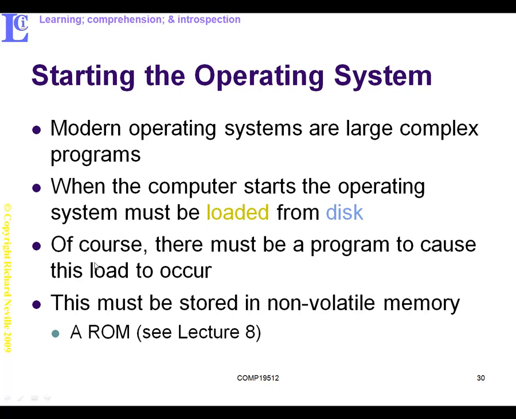So we need a loader to do that, and the form of memory that stores the loader is called a ROM, which is a read-only memory, which is non-volatile. It's normally in a PC called a basic input-output system, so it's the BIOS. That BIOS is actually a loader which will then load the appropriate operating system into main memory.